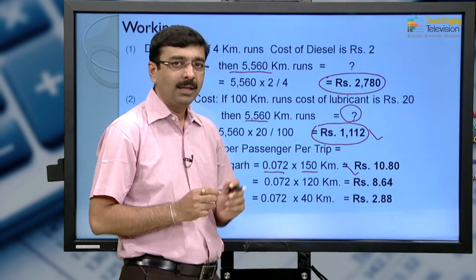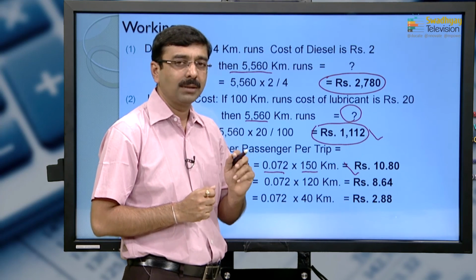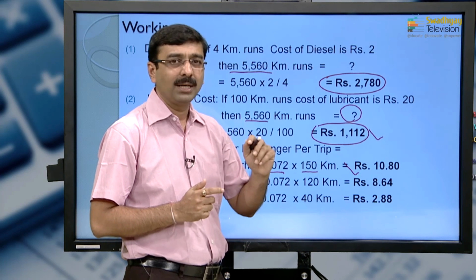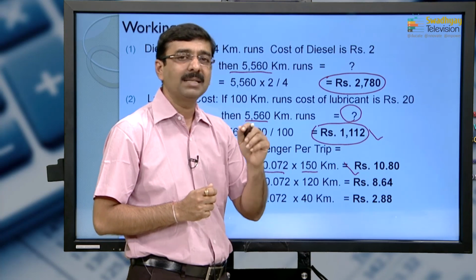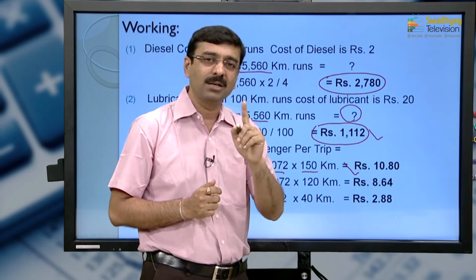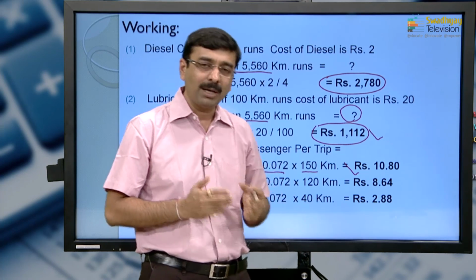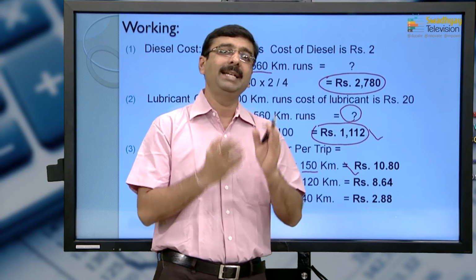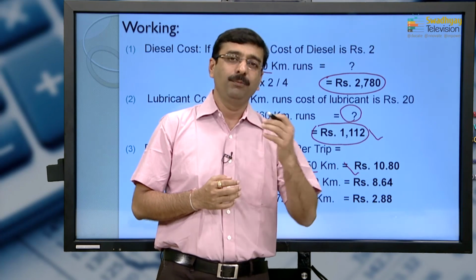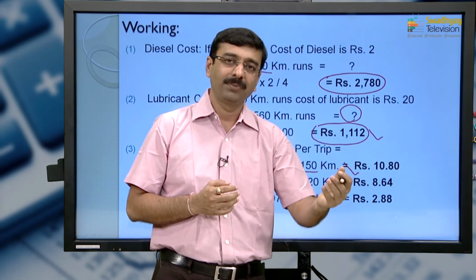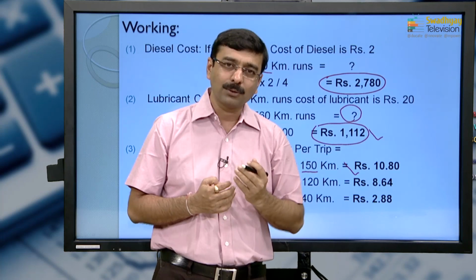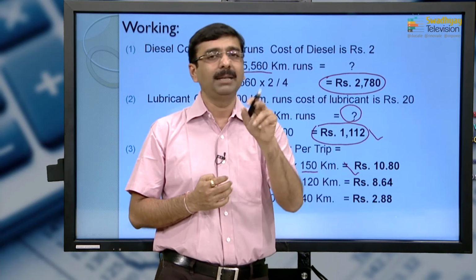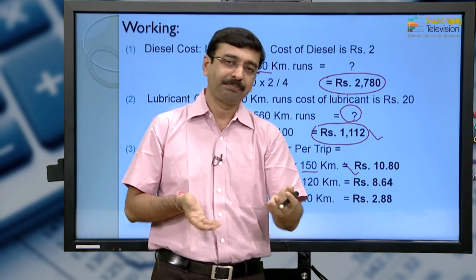It means that if they run 150 kilometers from Delhi to Chandigarh, they can ask 10 rupees and 80 paisa fare from the passenger for a one way trip. If the passenger wants to come back also, then he needs to pay 10.80 multiplied by 2.